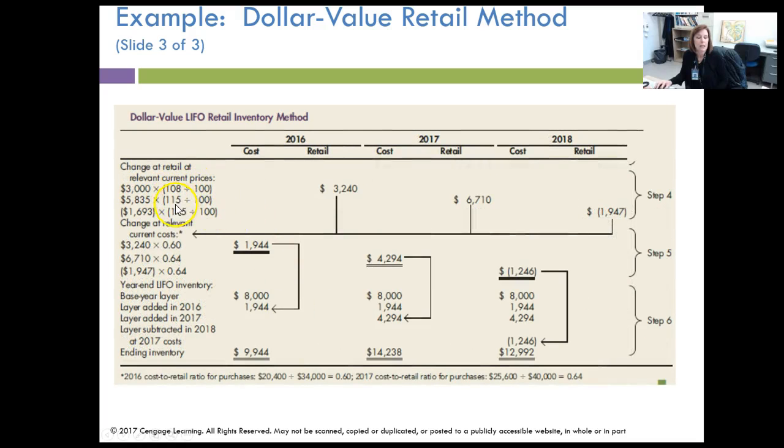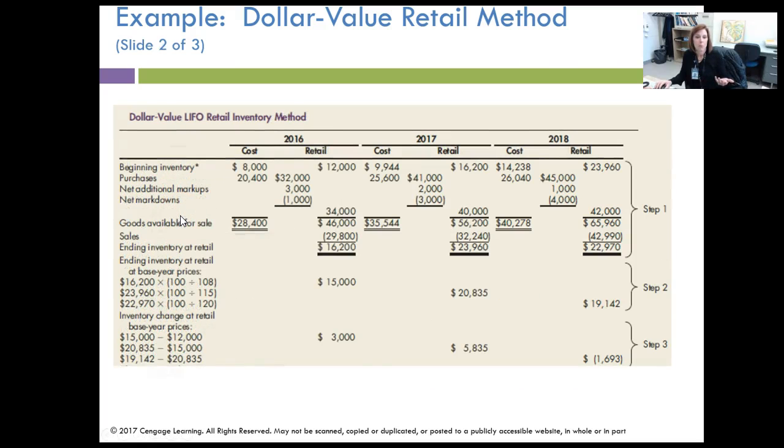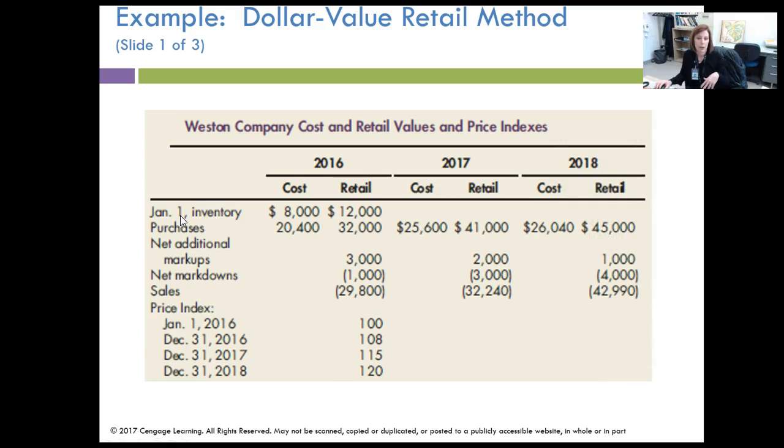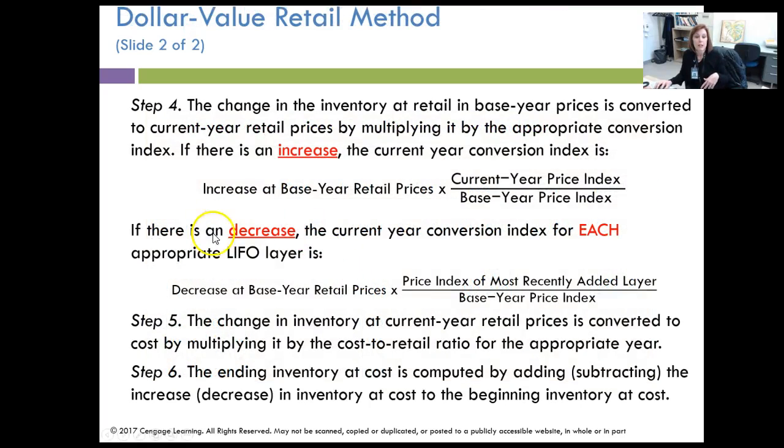And so then you may be saying to yourself, but wait, the index for 2018 wasn't 115. Why are we using the 2017 index figure? And if you remember, which that's okay, you probably don't, when there's a decrease, as we saw with 2018, we use the base price of the most recent layer added as our numerator.